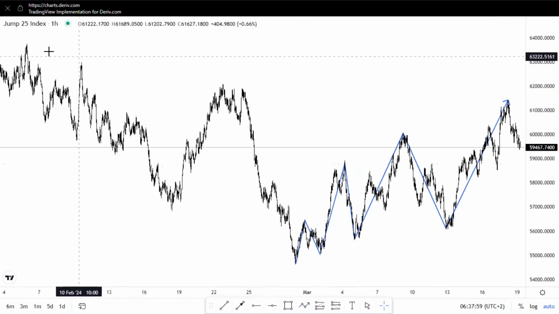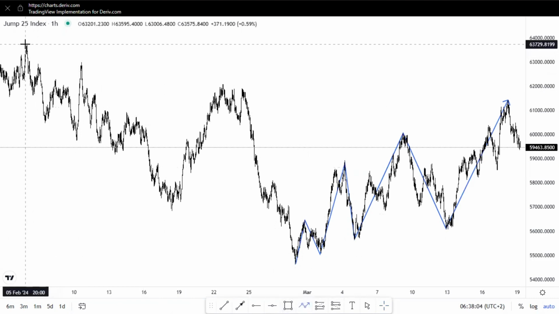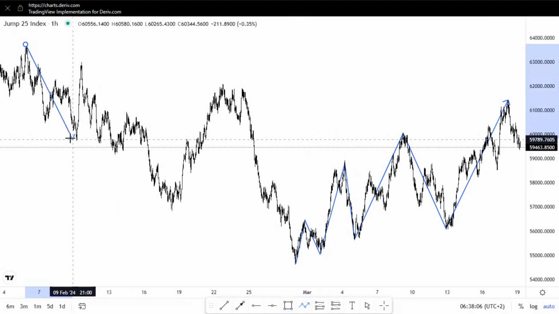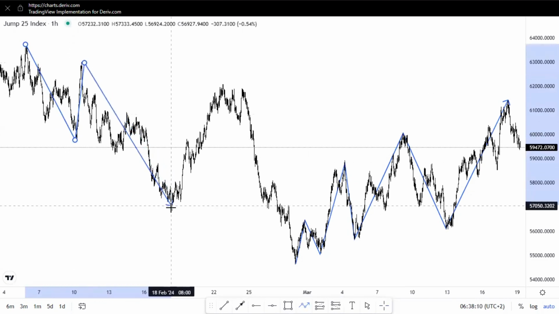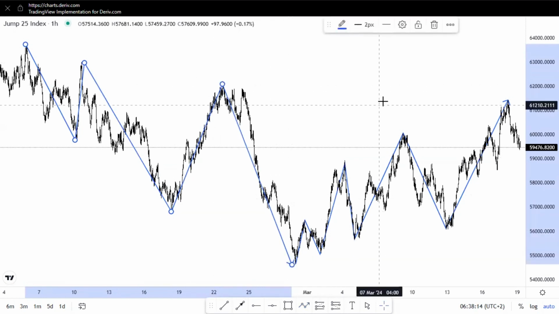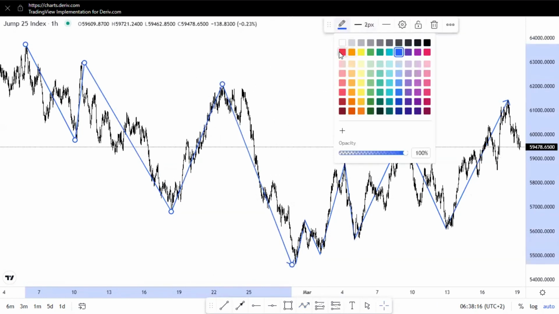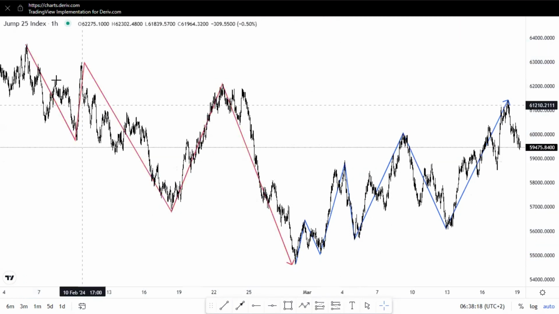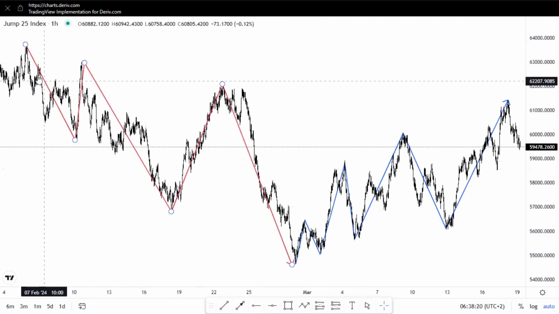If you're starting from here, let me just show this because I know there's someone right now asking themselves. If you start from here, I'm talking about something like this. For you guys to understand, overall this is a bearish trend.